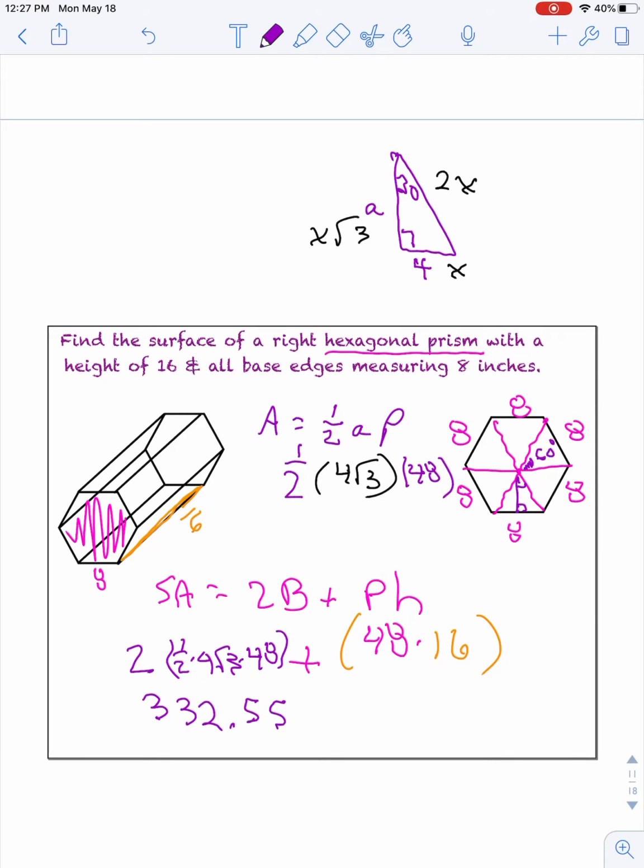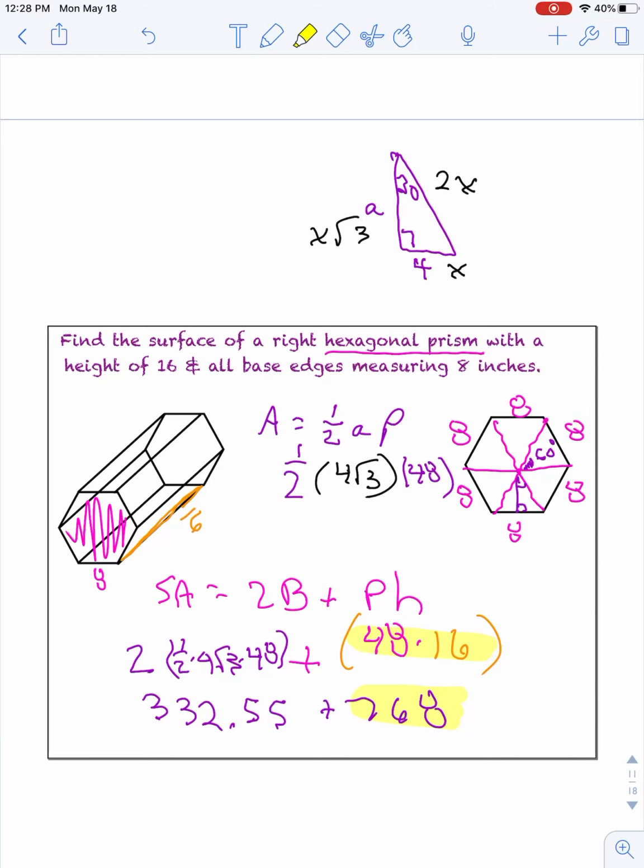Then we take our perimeter times 16, 48 times 16, and that gives us 768. So this is our lateral area right here.